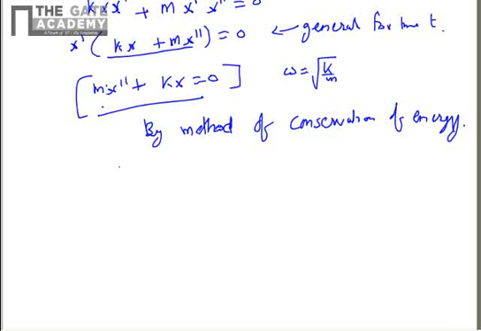And once you get the equation of motion, you put it in the general format of a second order homogeneous differential equation, and from that you can get the natural frequency of the system. So this method comes in very handy in quickly determining the equation of motion and the natural frequency of the system. Now next we will take up some numerical examples on the topic of free vibrations, and then we will go on to the damped and the forced oscillations.